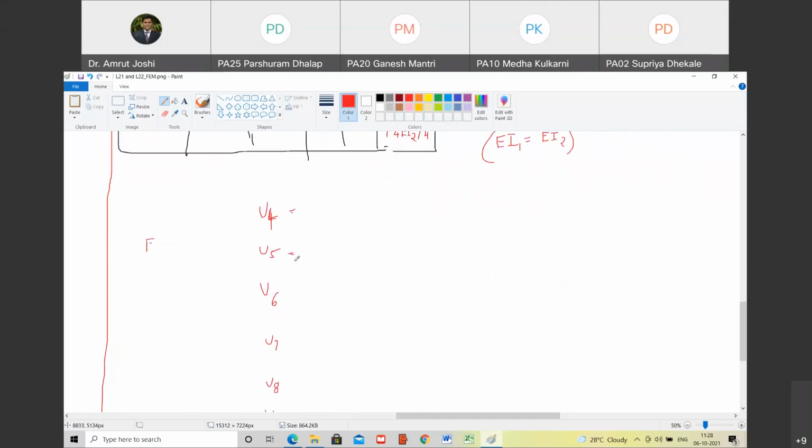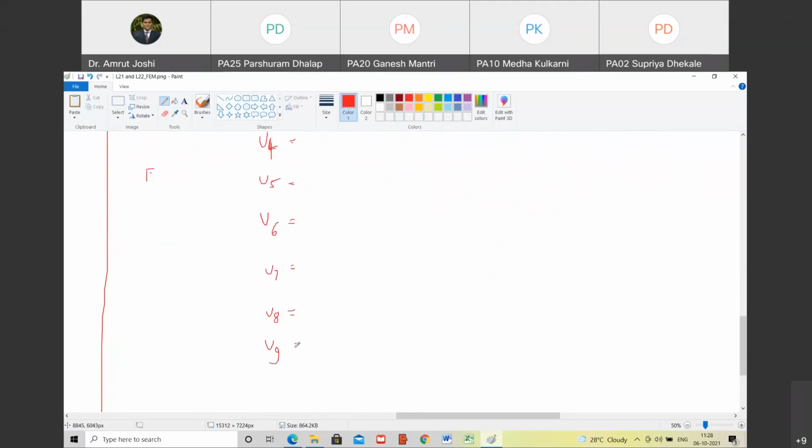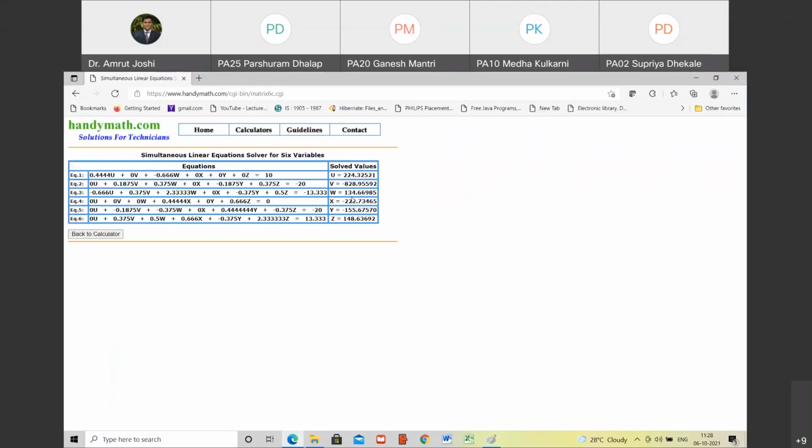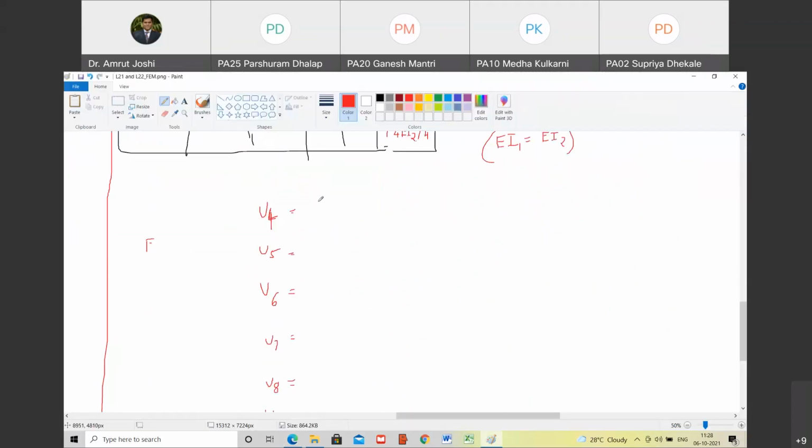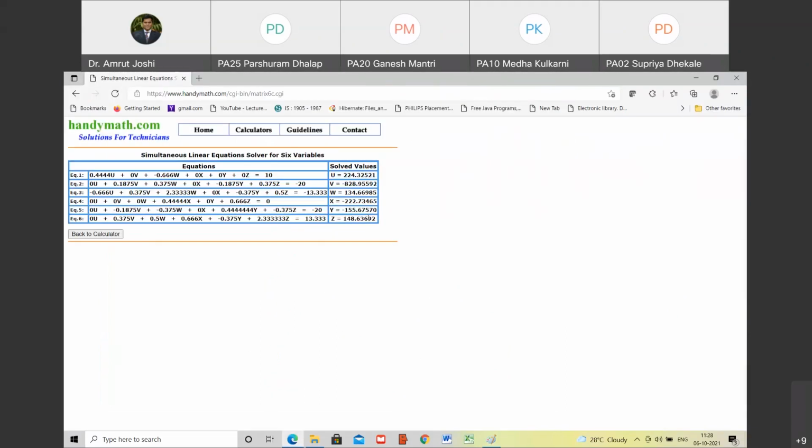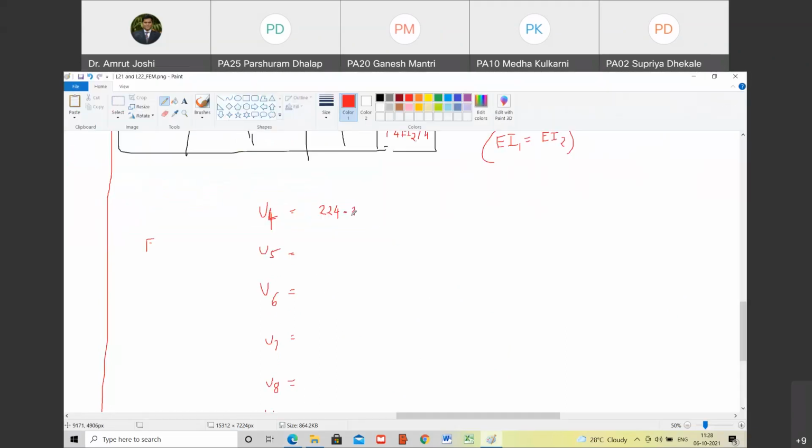Yes, sir. Now EI was sitting on the left-hand side. On the right-hand side, it will become divided by EI. So everything needs to be divided by EI. So it is going to be 224.325 by EI. Happy?